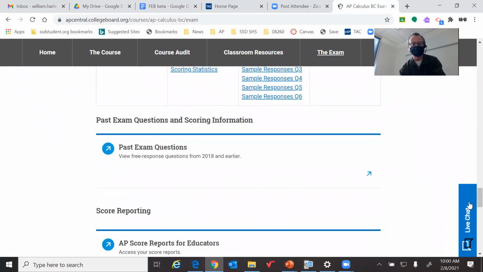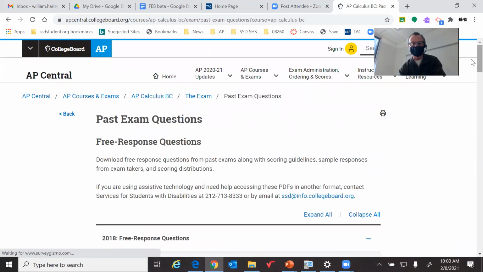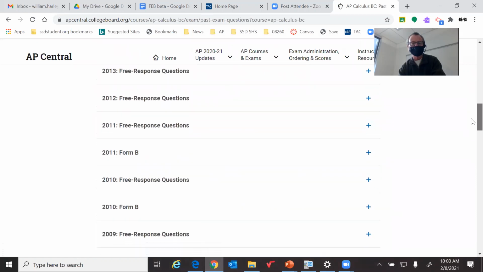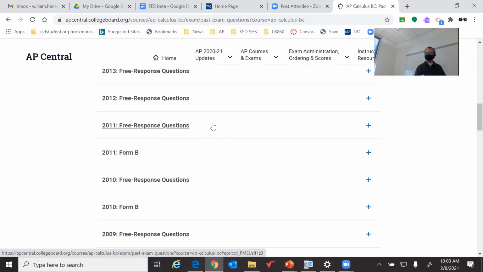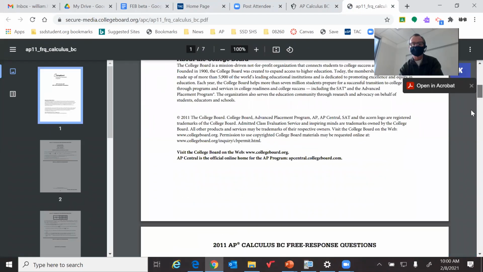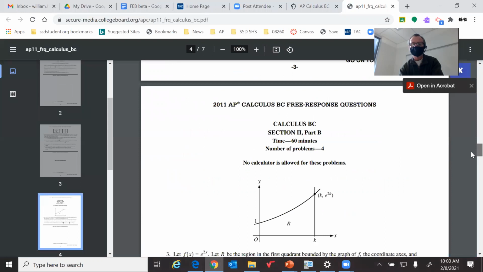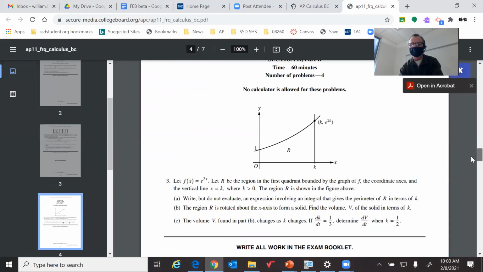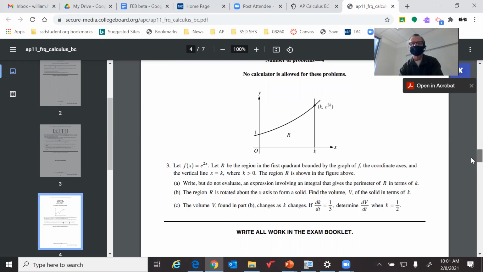You have to go below the 2019 questions. Once you get back that far, 2011, there are the questions and then the Form B questions. There are two different sets of questions. So I want 2011, question 3, no calculator, part C. No, I don't.